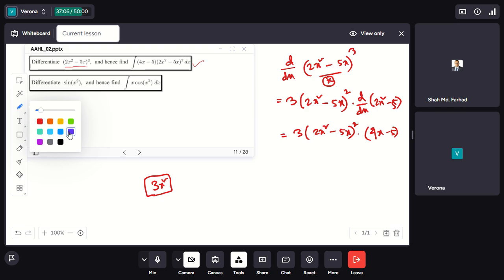We can use antiderivative here. Are you familiar with antiderivative?